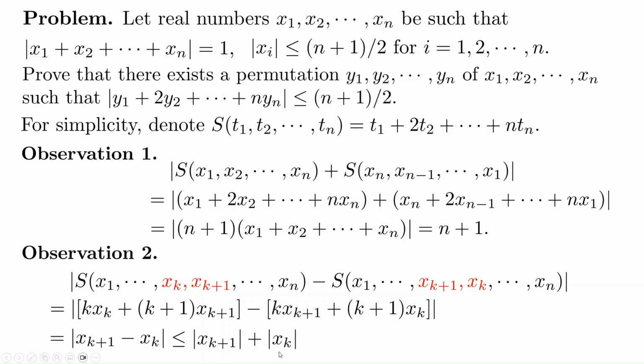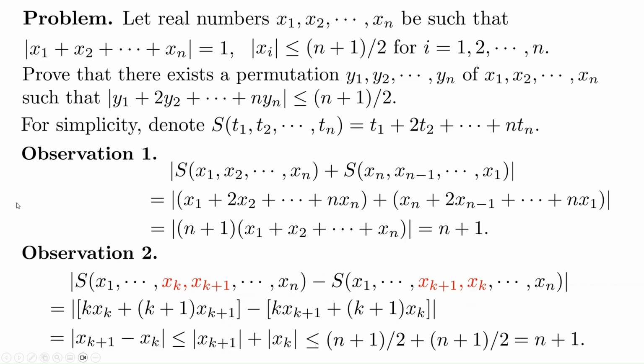But we know the absolute value of each individual term is less than or equal to (n+1)/2. So the sum of these two terms is less than or equal to n plus 1.